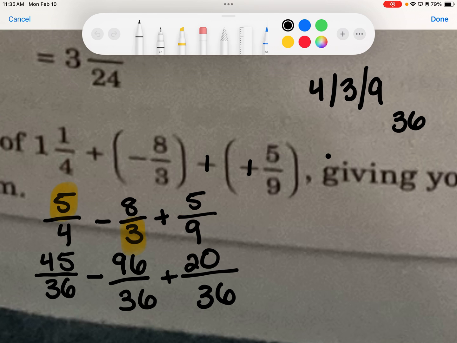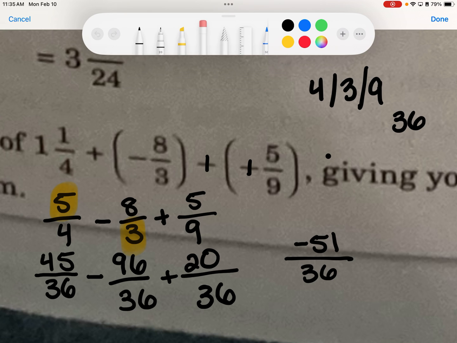If we just take away the 6 for easiness, then 51. So we would get 45 and then add the 6 is 51. So negative 51 over 36. Plus 20 over 36.